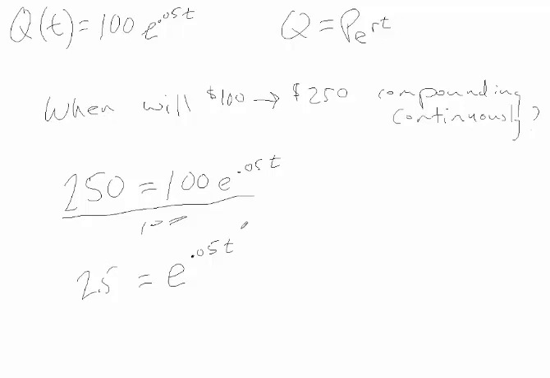We don't know how to solve that algebraically, but we can use our knowledge of logarithms to solve this. So what we can do is we could take the natural log on both sides, or ln on both sides, and see what we got.